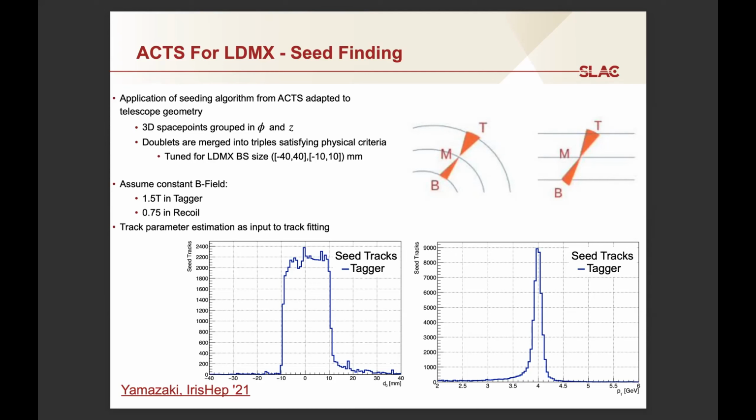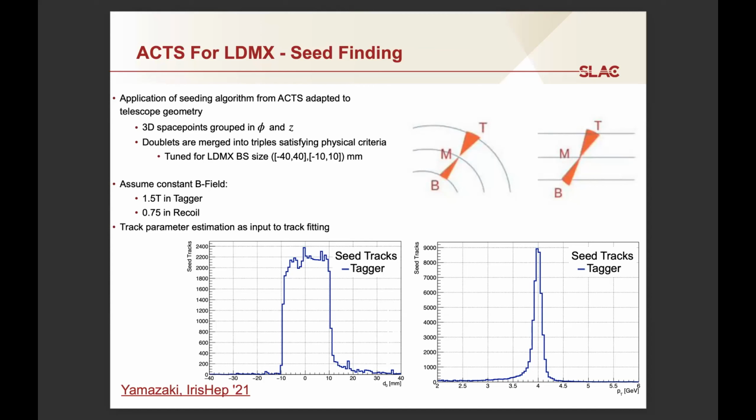The tricky thing is to use this type of seed finder inside the recoil, because the seed finding uses the hypothesis that the track follows a helix trajectory. But the layout of the recoil is such that it approximates a helix quite well if we assume half of the magnetic field that we have in the Bohr system.